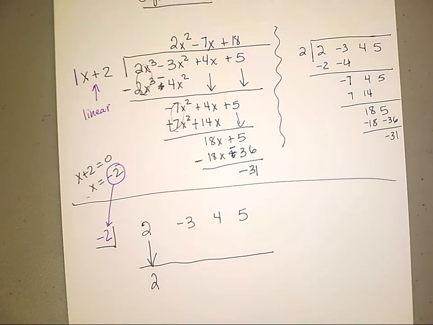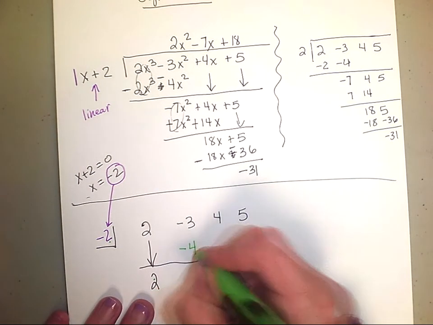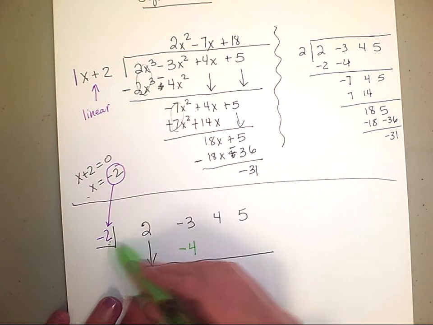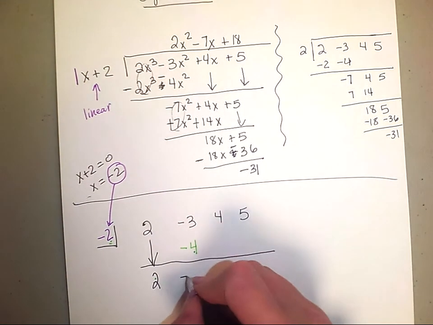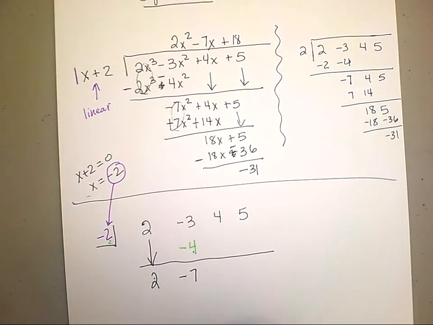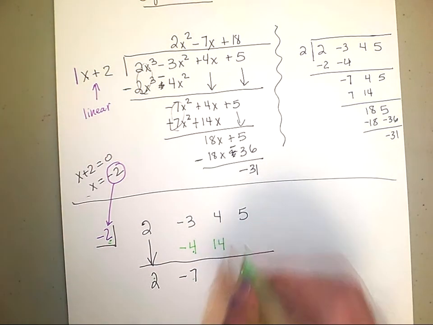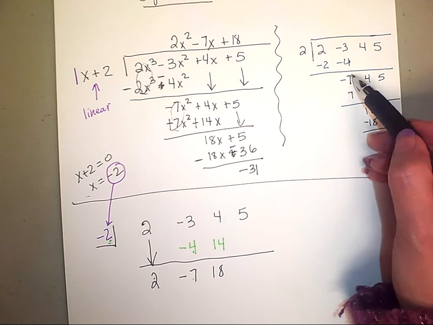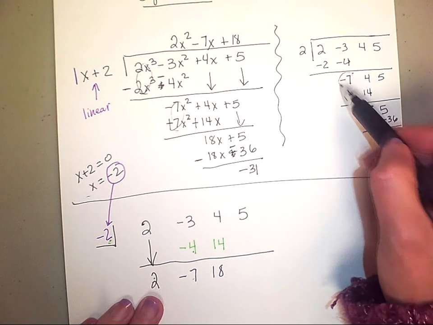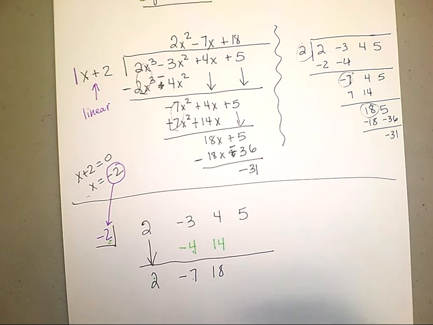So we take this one times negative 2, which is negative 4. So this times this goes here. Now when you add, you'll get negative 7. Then you take this times this, which is positive 14, and then you add, which is 18. So see, we've brought this one, here's our positive 18.